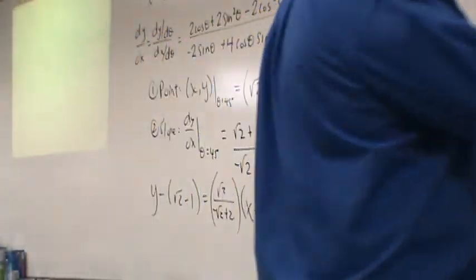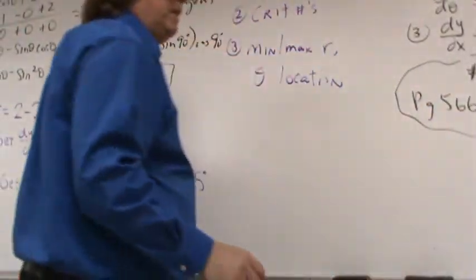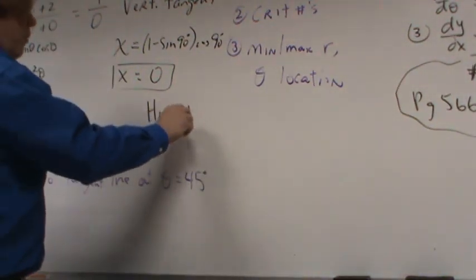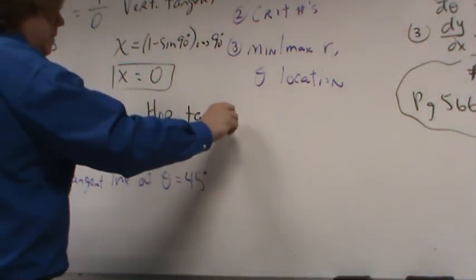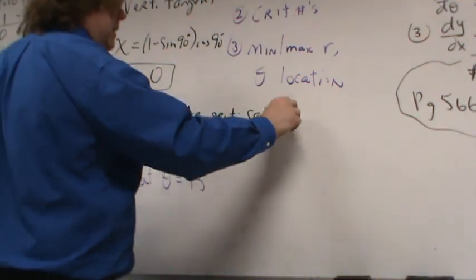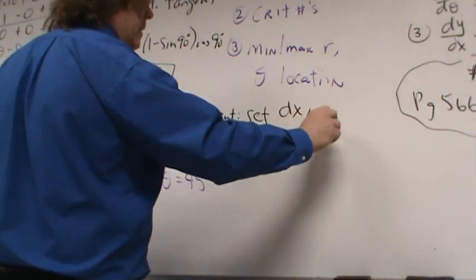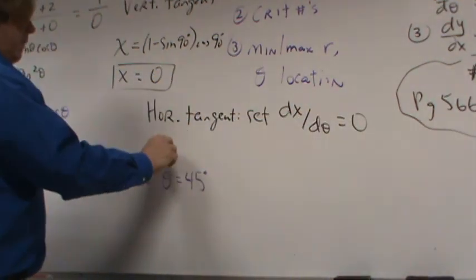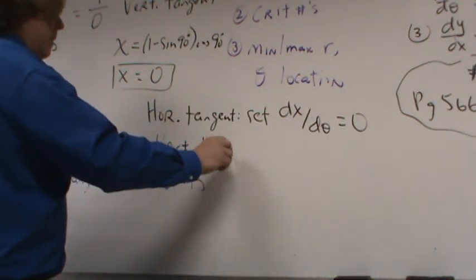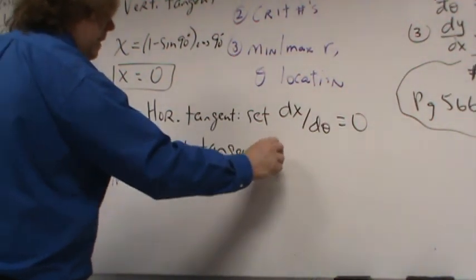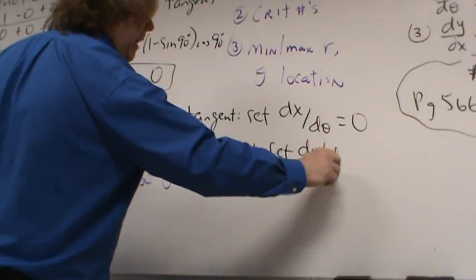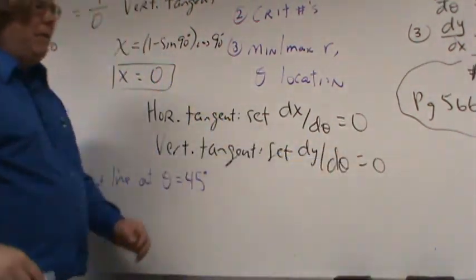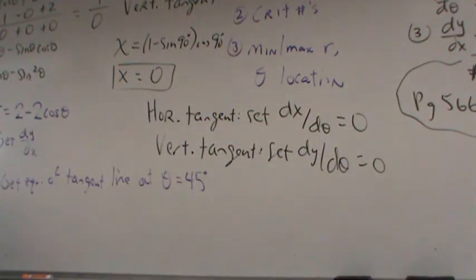Also, please do not do 5 or 7, just do 9 and 11. For a horizontal tangent, set dy d theta equal to 0, and for a vertical tangent, set dx d theta equal to 0. I think you'll be able to do numbers 9 and 11. 5 and 7 I'm going to have to teach you tomorrow.